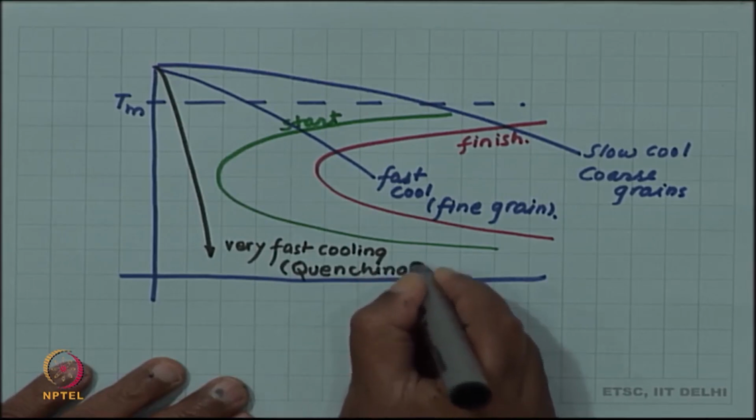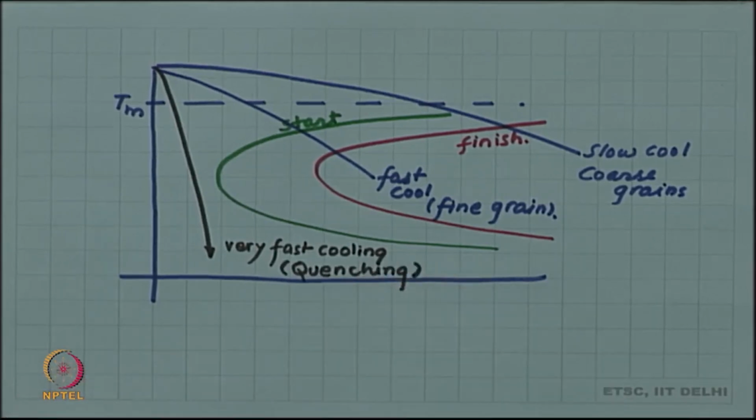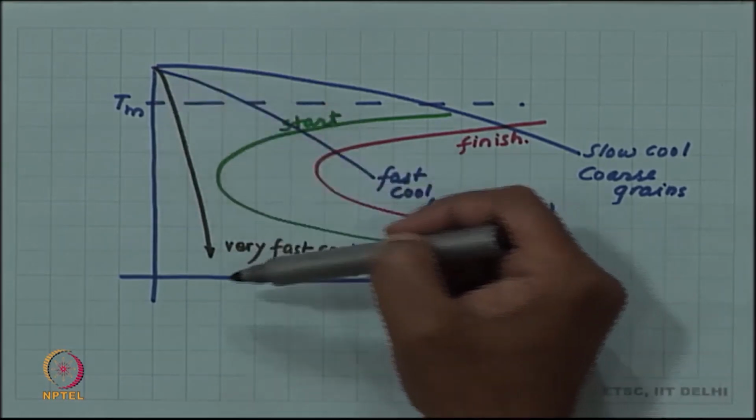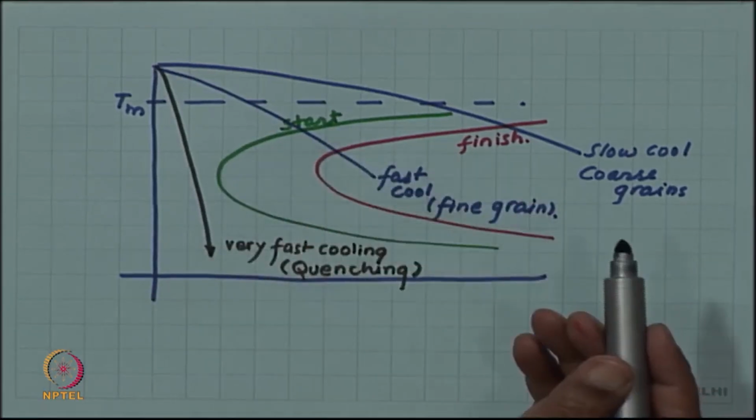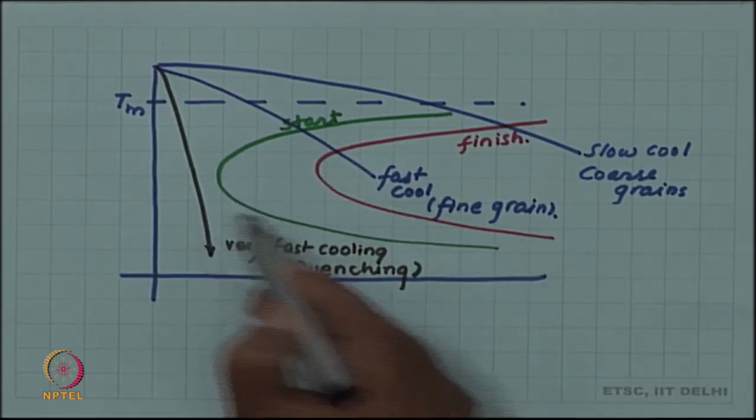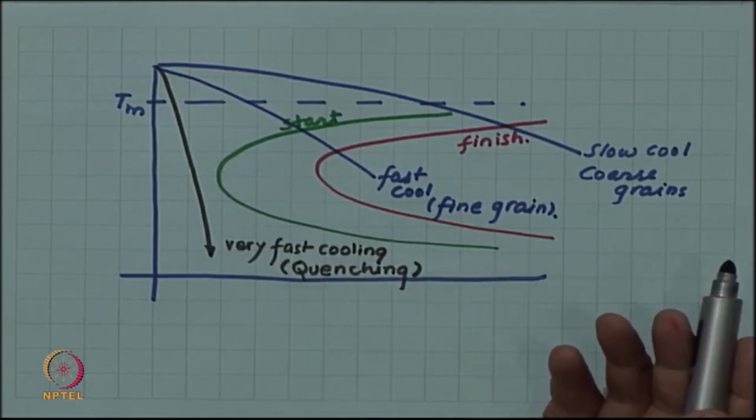So, if you cool something very fast, you are quenching the material. So, if the liquid is quenched so fast that it even misses the nose of the start curve, the solidification is never starting in this liquid.